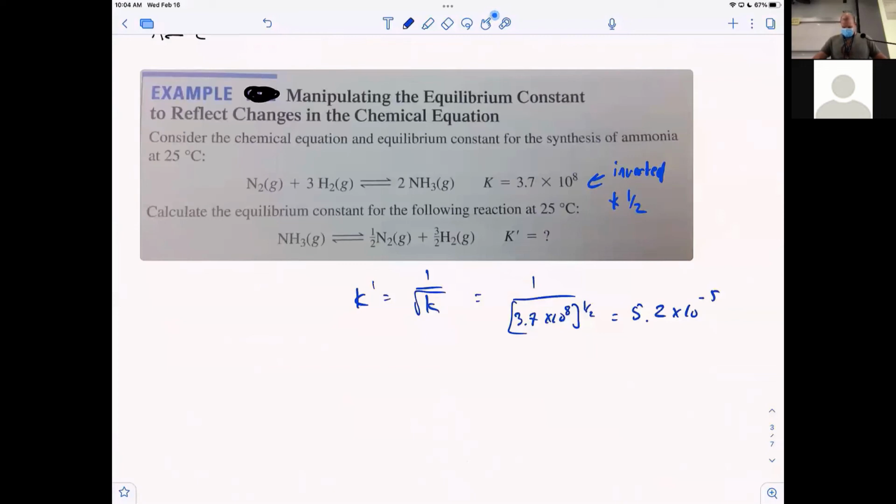And so why do we care? Excel spreadsheets. I've seen this for chemical plants, looking at the equilibrium expressions for things, because they want to see how much of a certain reactant or product they have.